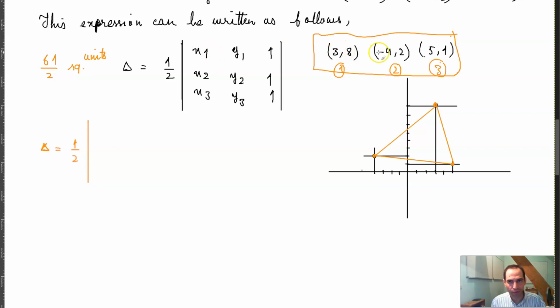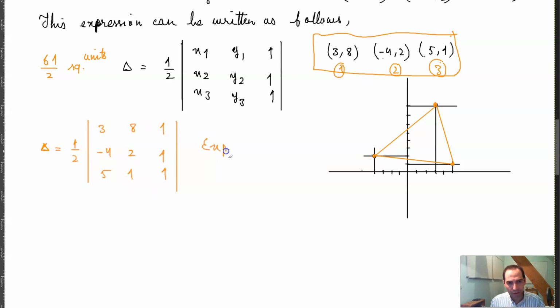So you have 3, -4, 5, and 8, 2, 1, and 1, 1, 1. Now I want to expand this determinant along, for example, row 1 and column 1, and see what we will get.